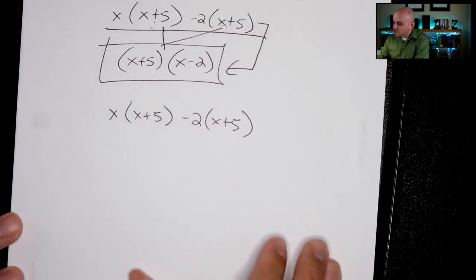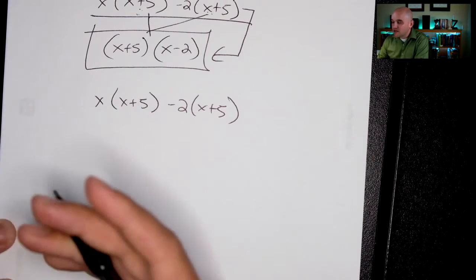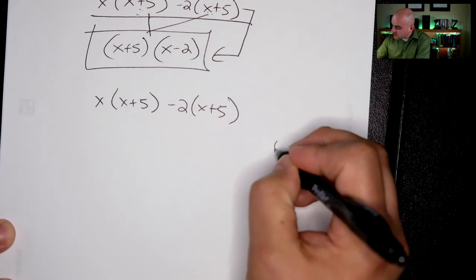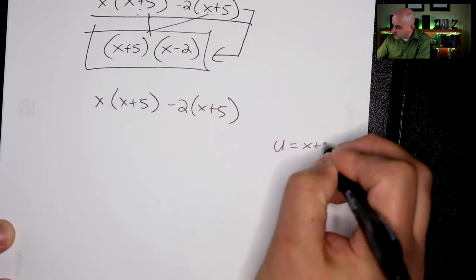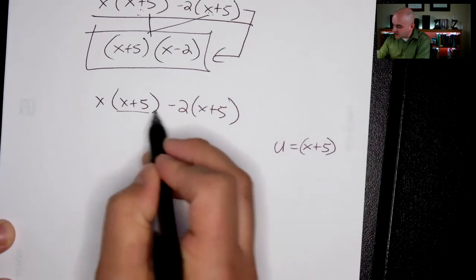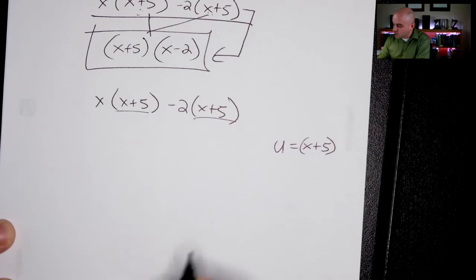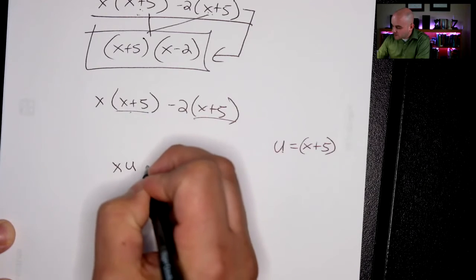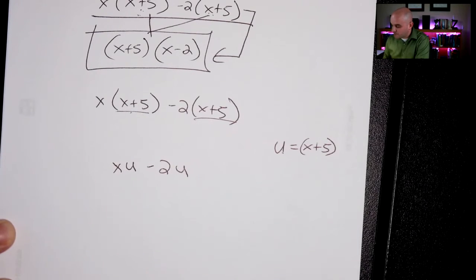Okay, now for just a brief moment, to make this a little bit easier to look at in my explanation, let's let the letter u equal x plus 5. Okay, so everywhere in this line where I see an x plus 5, I'm going to put a u in for it. This gives me x times u minus 2 times u.